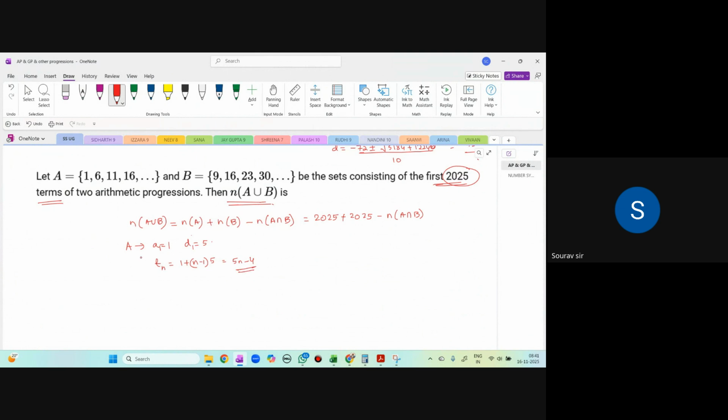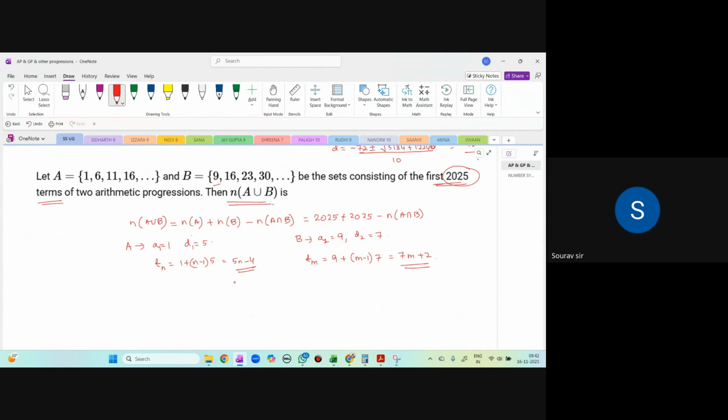So this is for A. For B, the first term is 9 and the common difference is 7. So the mth term will be given by 9 plus m minus 1 into 7, which is 7m plus 2.